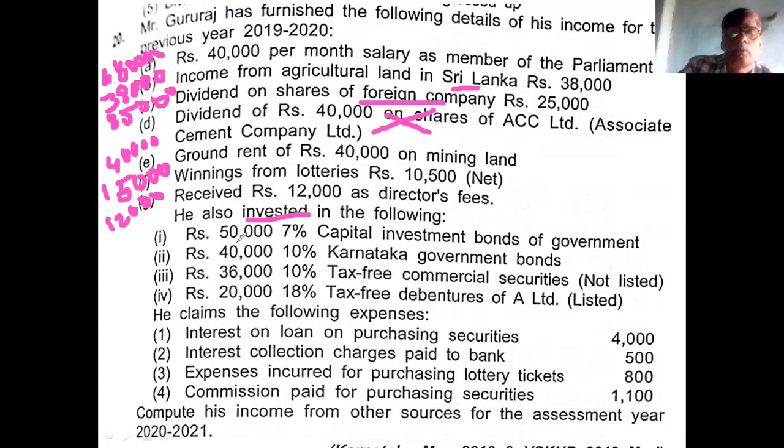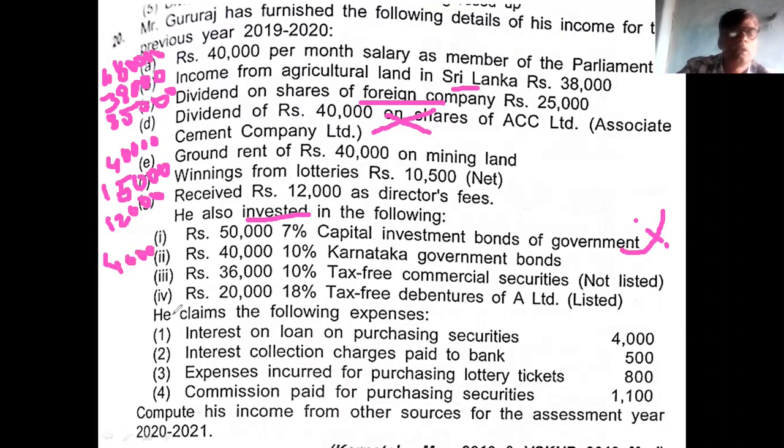So first point is 50,000, 7% capital investment bonds of government. It is exempted from tax. Then 40,000, 10% Karnataka government bond. If you calculate 10% on this, the second point answer is 4,000.